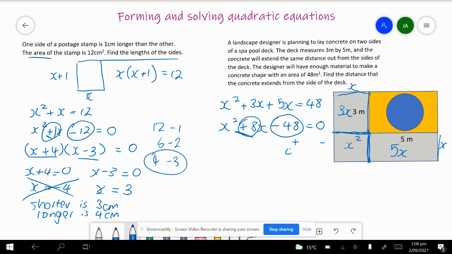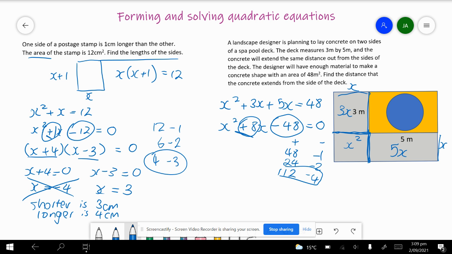Okay, so we can try 48 and negative 1. That doesn't work. 24 and negative 2? No, it's still too far apart. What else goes into 48? 12 times negative 4. Okay, that works because 12 minus 4 is equal to positive 8.